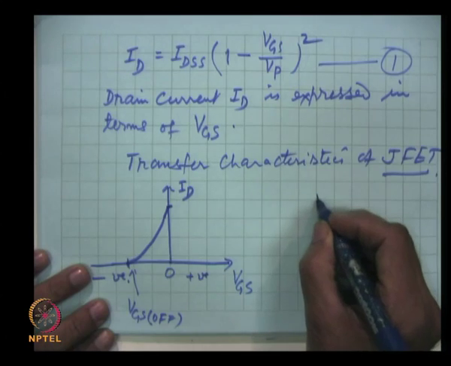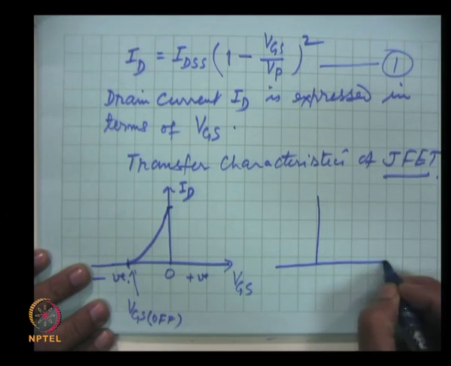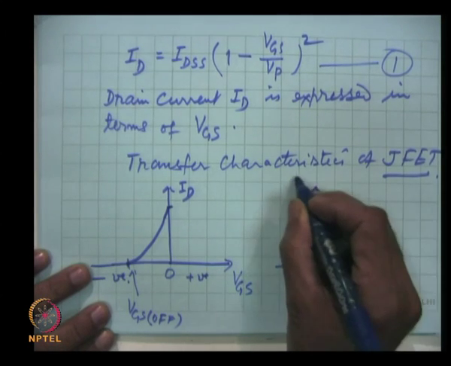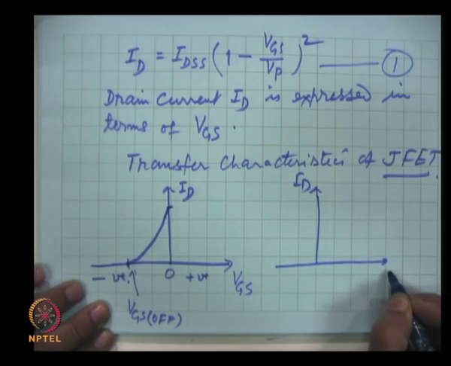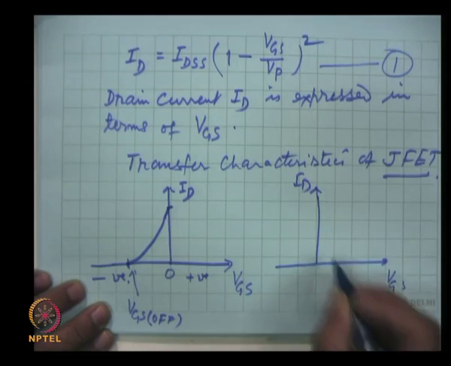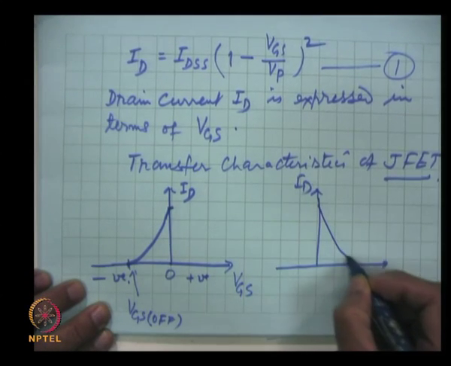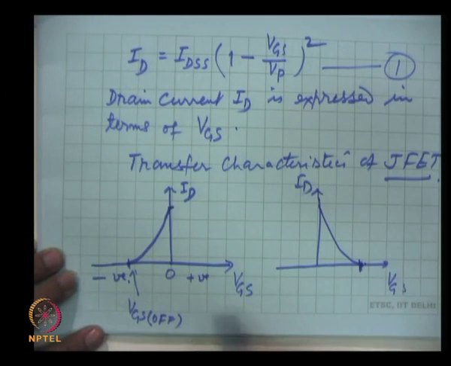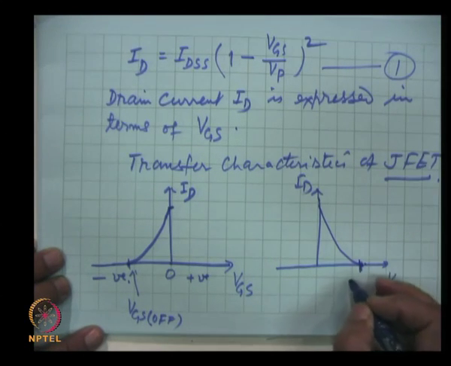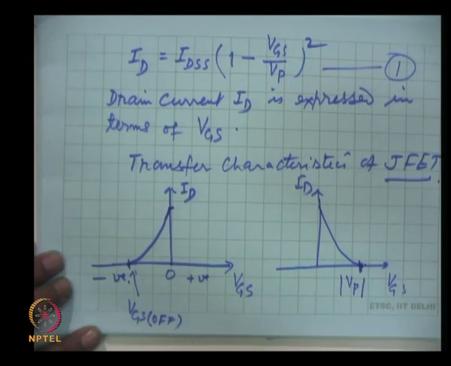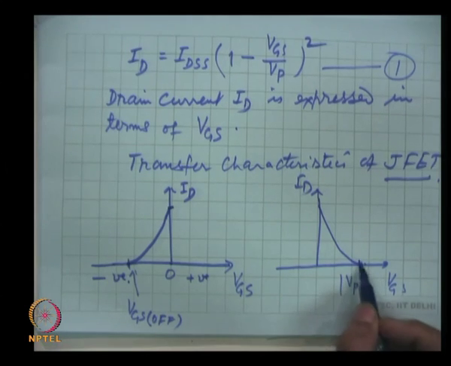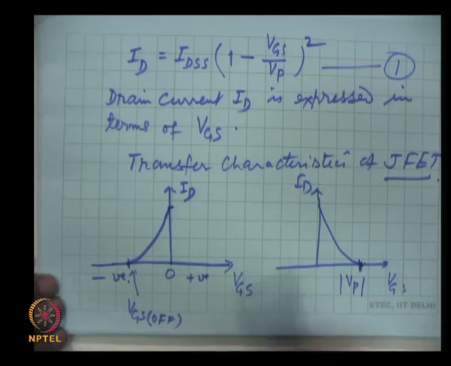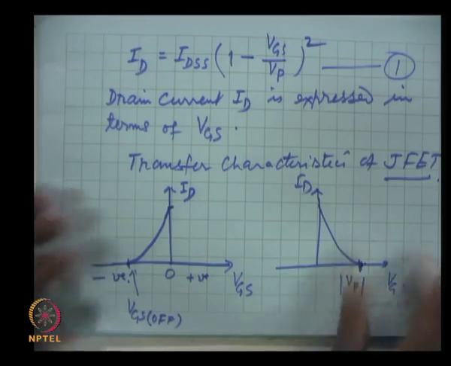So, it will be this way. This is drain current and this is VGS, and this is the magnitude equal to this, which is also Vp, the pinch off voltage here.